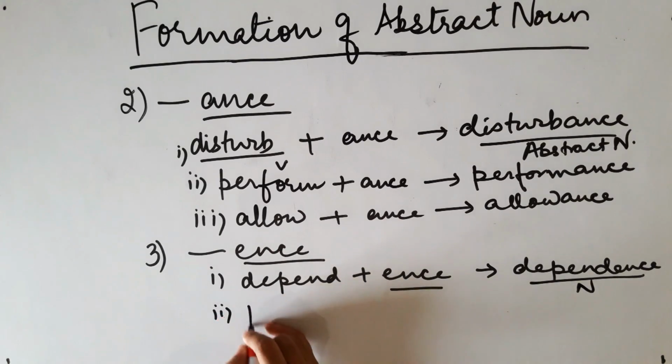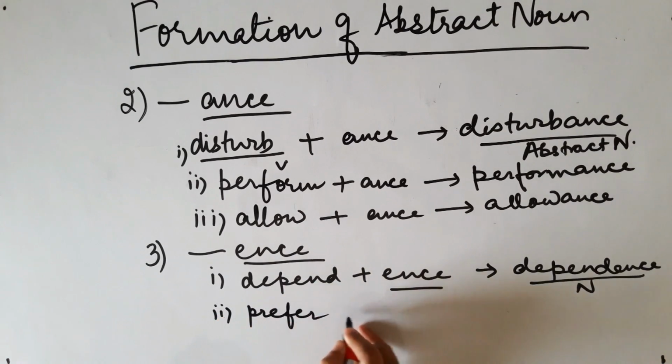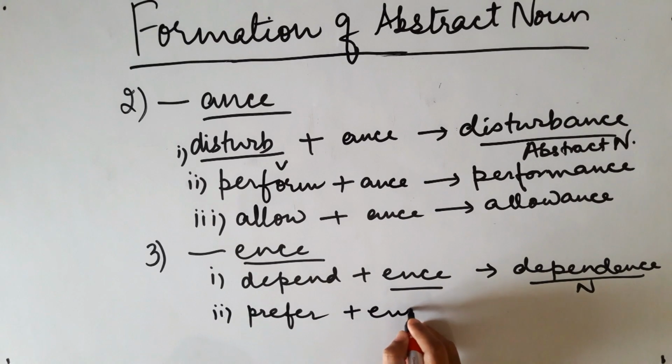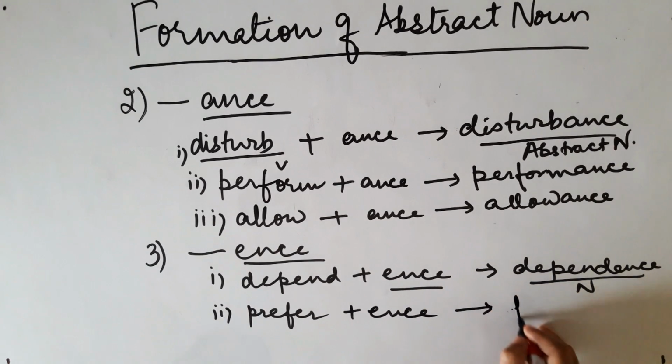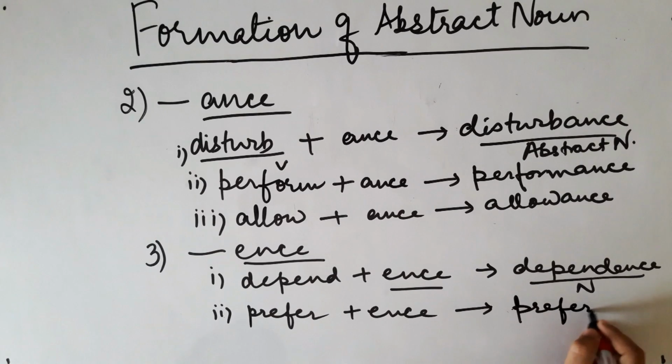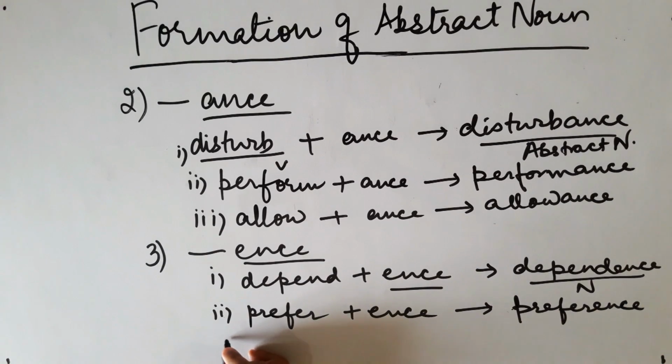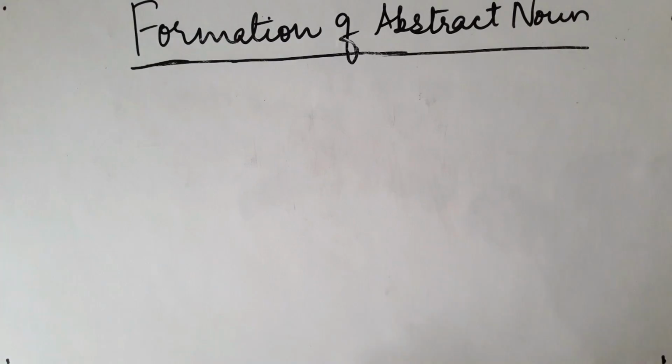If we take words like prefer and add ence, it becomes preference. We can also take words like differ, difference, occur, occurrence.